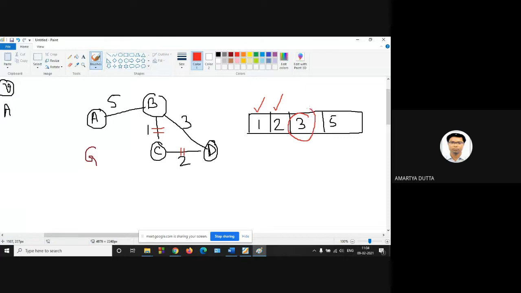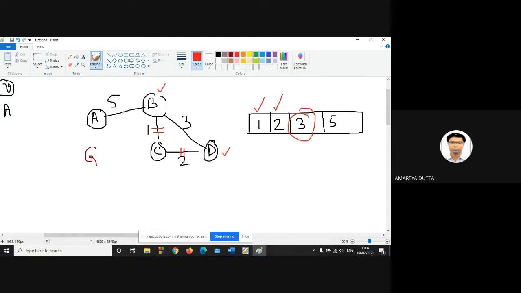Can we take this edge 3? No, because find set of D and find set of B are both the same.